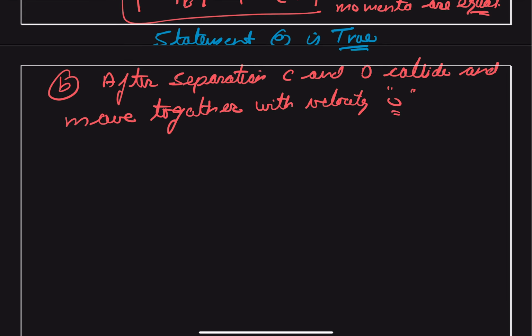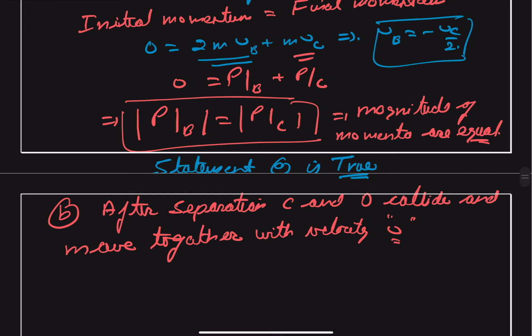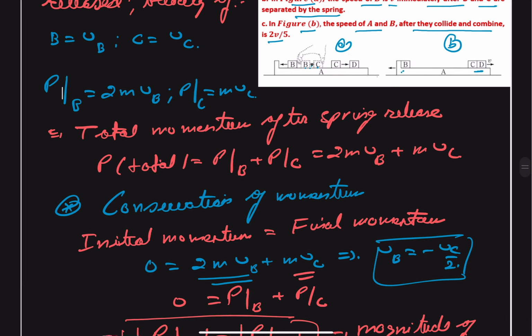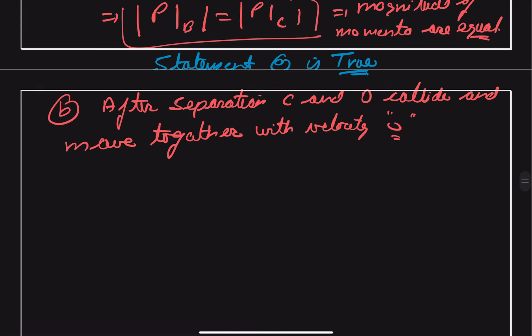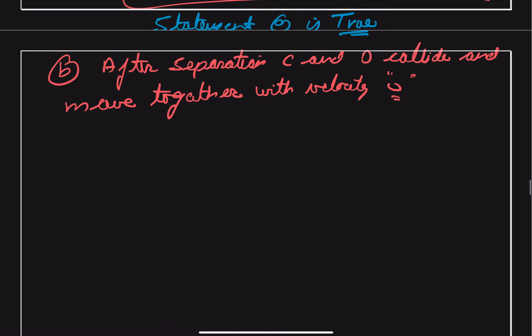Here also we are going to use conservation of momentum. Initial momentum will be equal to final momentum. We just said that the velocity of C is Vc. Therefore, the initial momentum will be equal to momentum of C plus momentum of D.